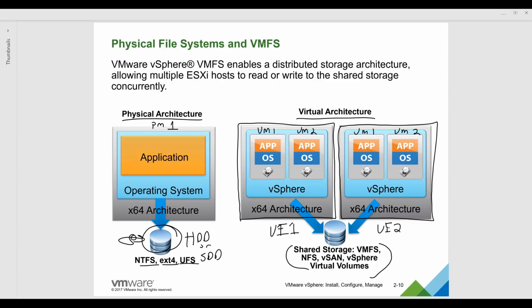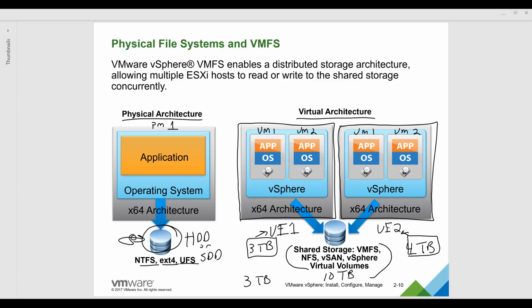So say we have a 10 terabyte drive down here. I want to allocate 3 terabyte here on VE1. I want to allocate 4 terabyte here on VE2. The good part is that I have 3 terabyte left over. You know what?